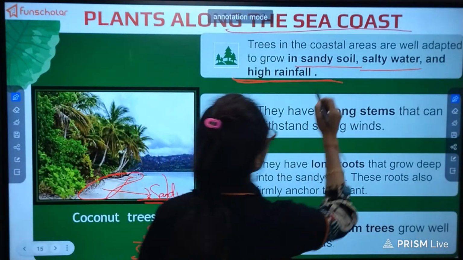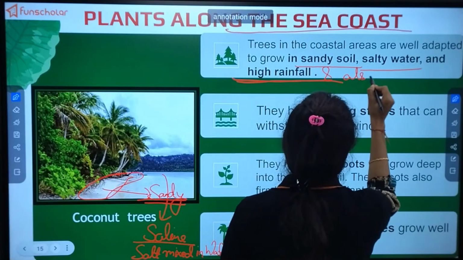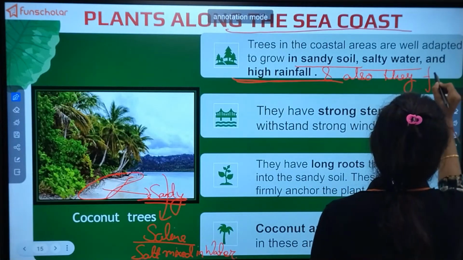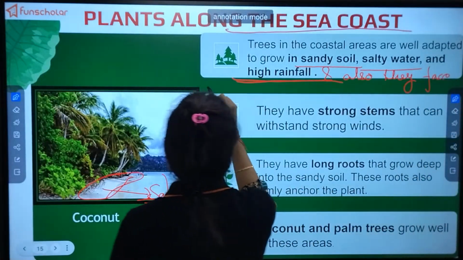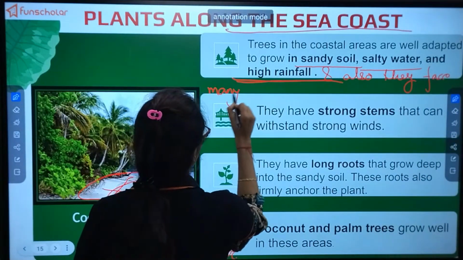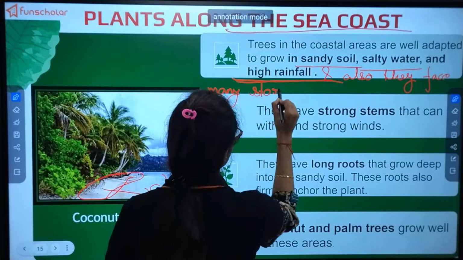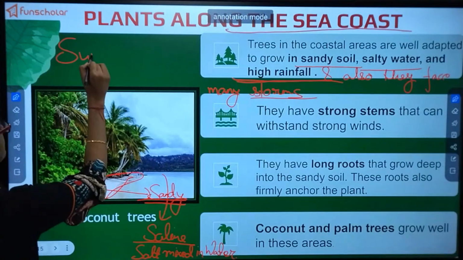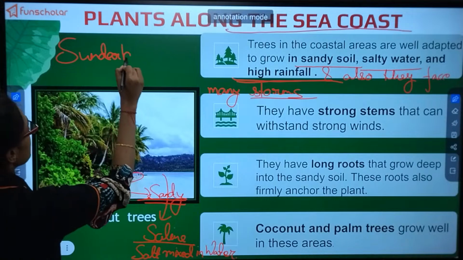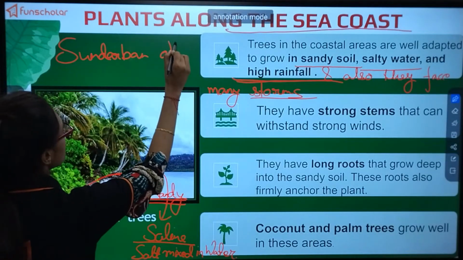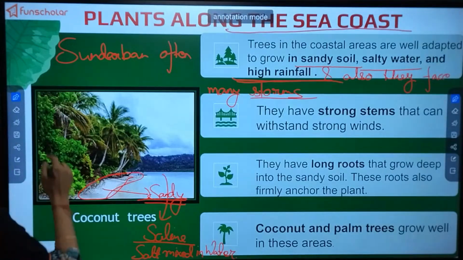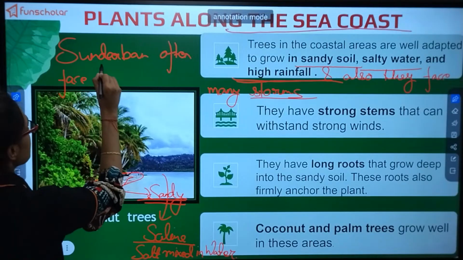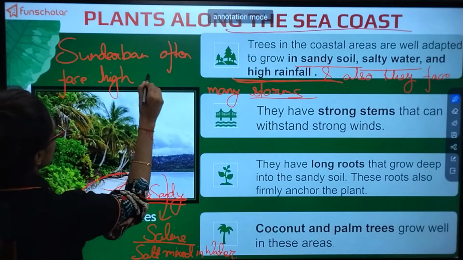And also they face many storms. See, in the Sundarban region, often we come to know in the media, the Sundarban region faces high cyclones.